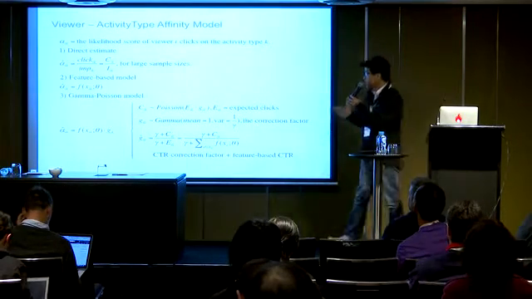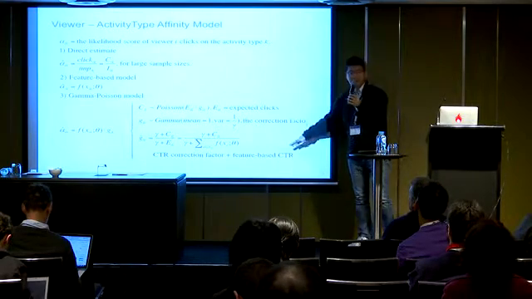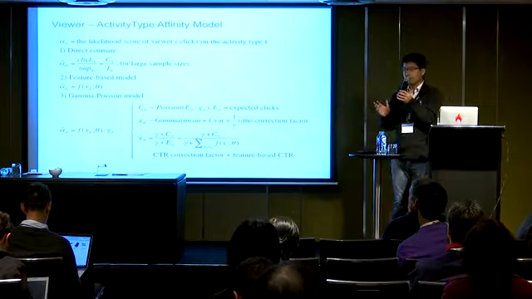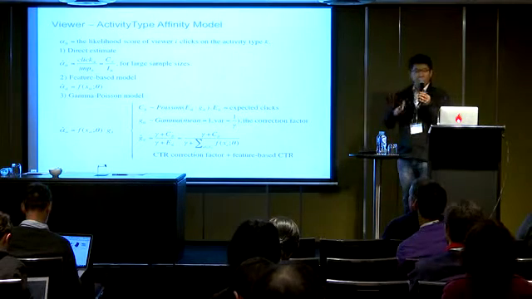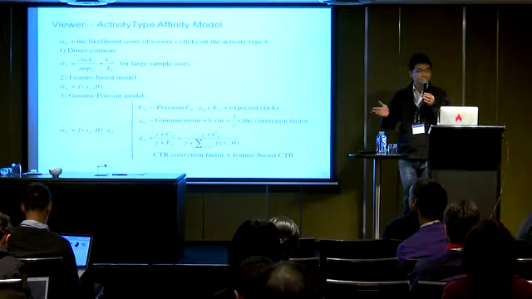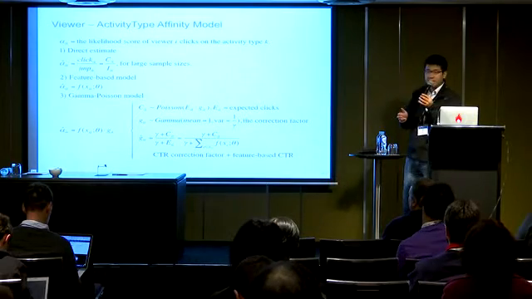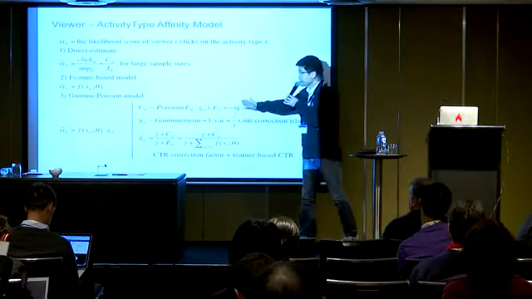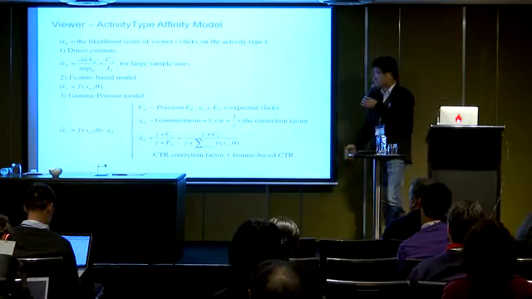But unfortunately, in most cases the data is sparse. We don't have enough data to model all the pairs of viewer and type. So one model we used is the gamma-Poisson model.